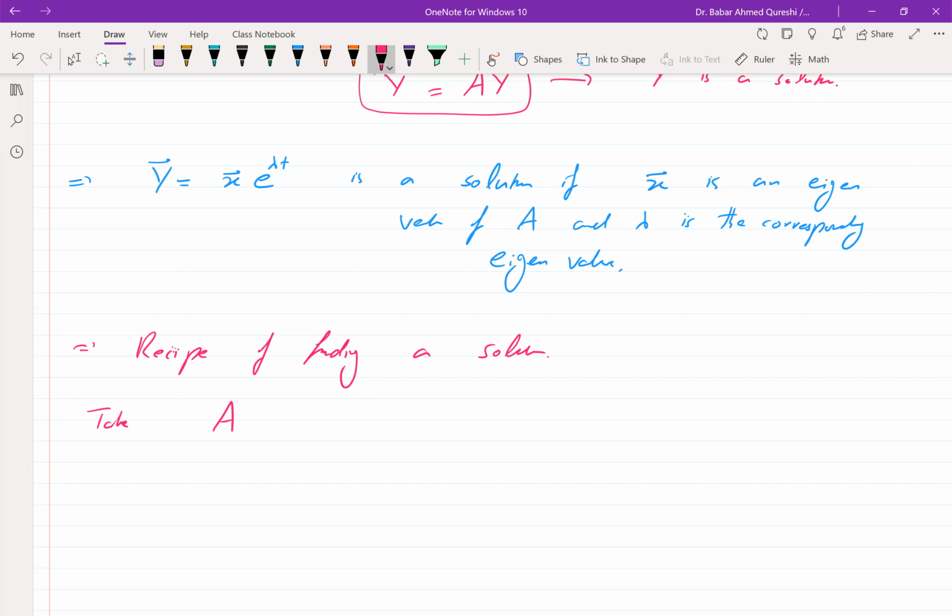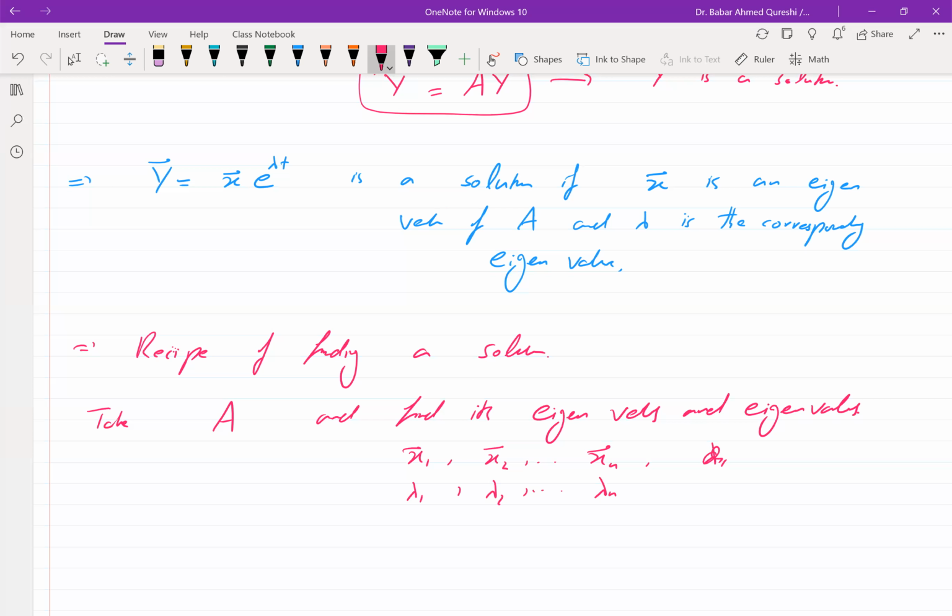Take A and find its eigenvectors and eigenvalues. So suppose you have eigenvectors x1, x2 up to xn, with eigenvalues lambda 1, lambda 2, lambda n.